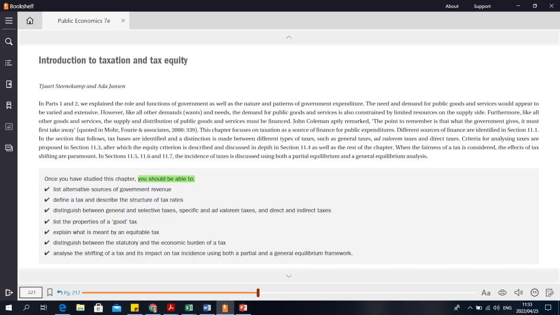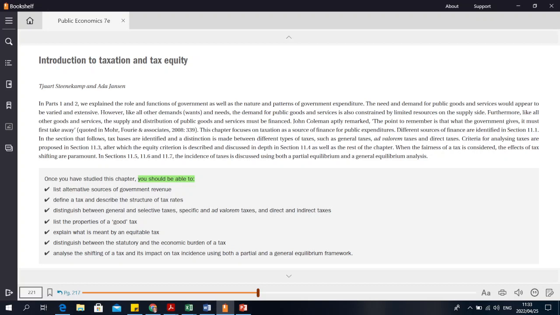If you have the first page of chapter 11 open, you'll see it's an introduction to taxation and tax equity. So it's introductory, so you've seen most of this material, perhaps not in a textbook, but in real life. In terms of taxes, most of this is quite familiar to you.